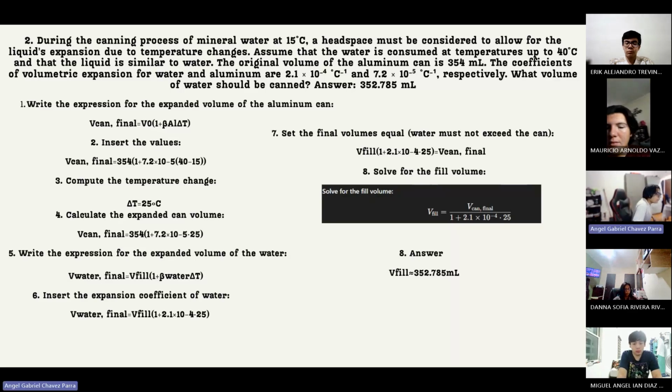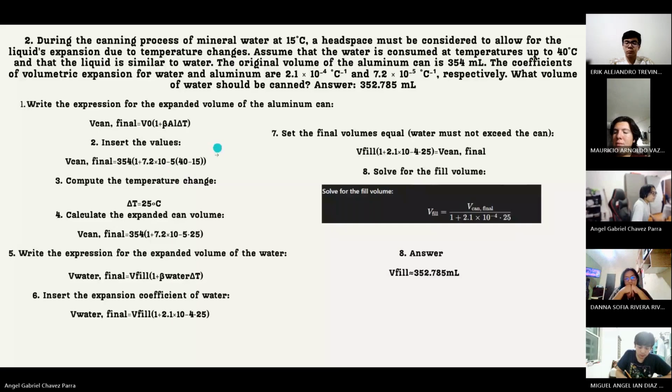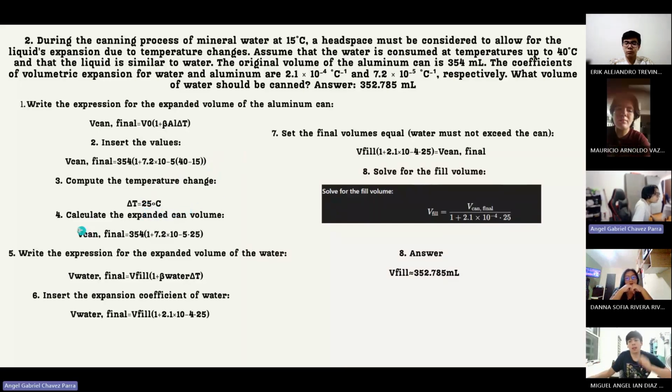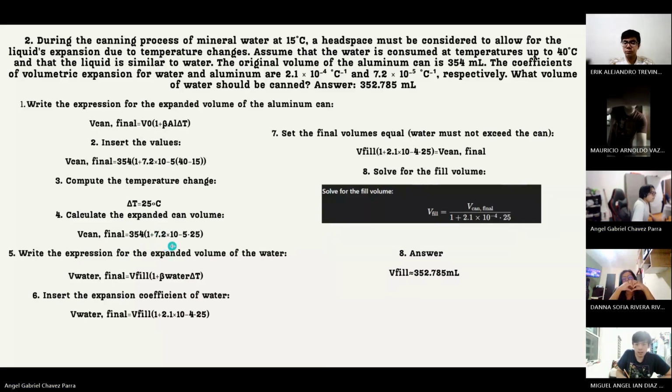Step 4: calculate the expanded can volume, V_can final is 354.172 ml.